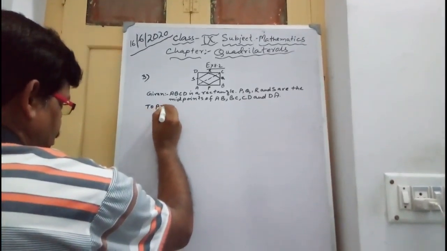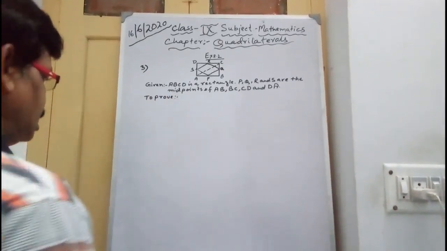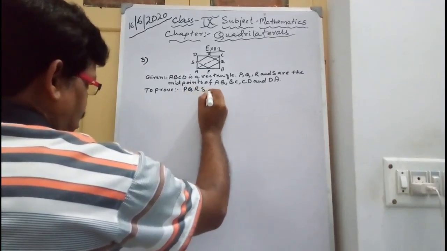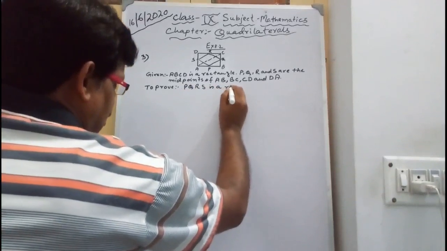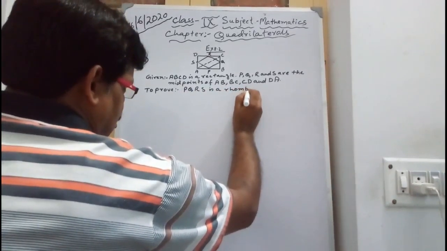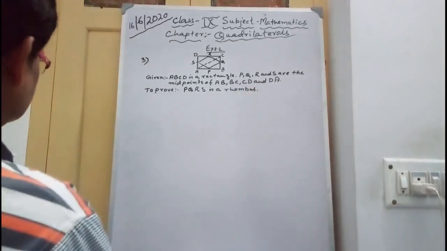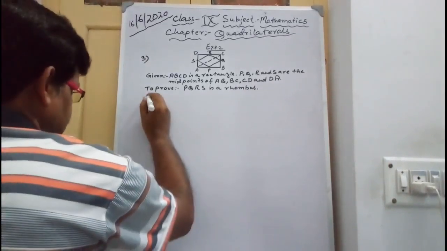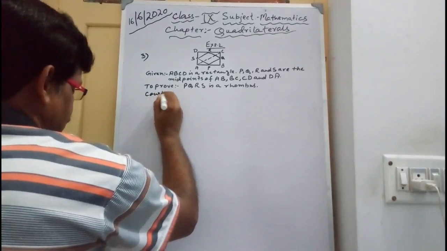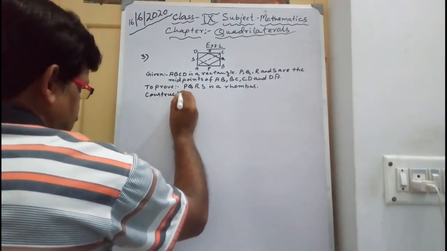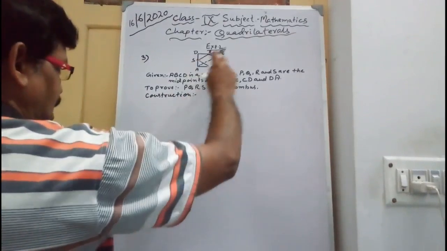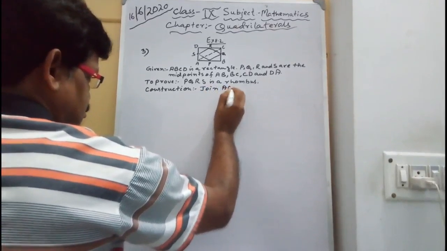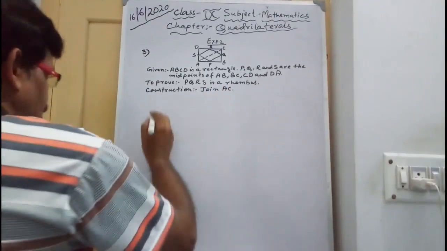To prove: PQRS is a rhombus. Now, construction: join AC. Now start the proof.